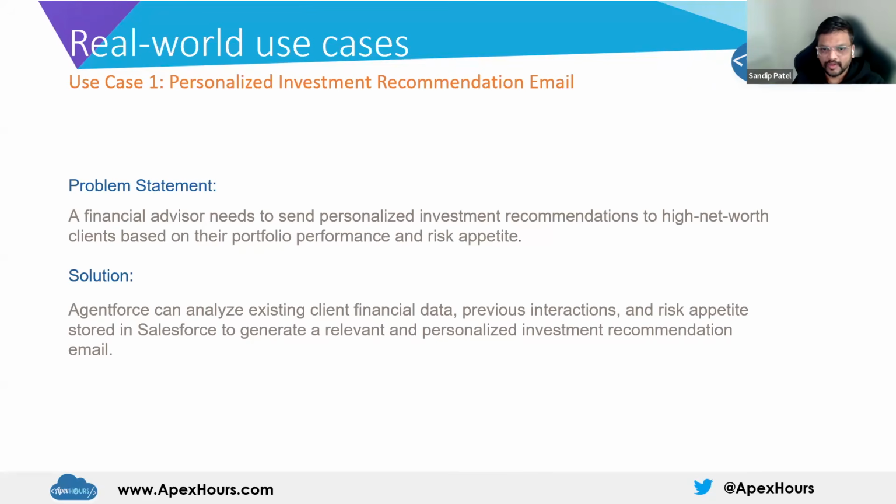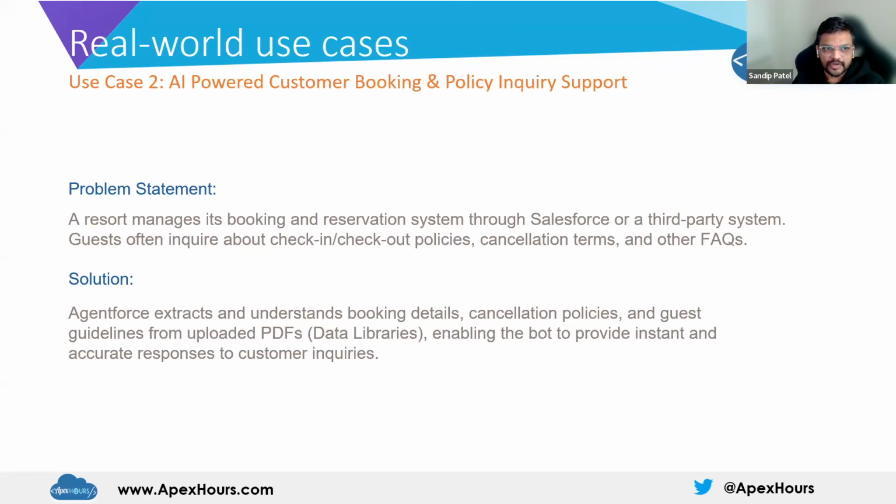Then some reasoning will also be performed on that based on the previous interaction, maybe the email communication about the clients' nature, and it will give you a personalized email that you can directly use. So it will make a lot of things easier in the life of a financial advisor. That is one use case.